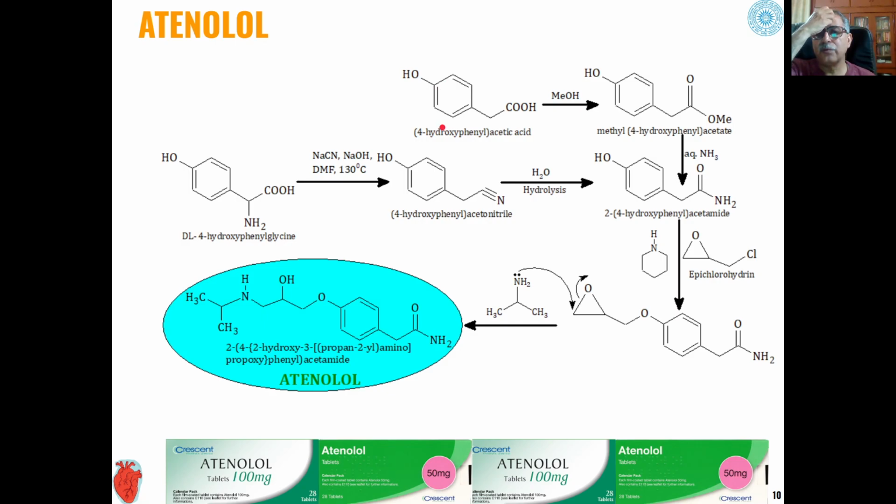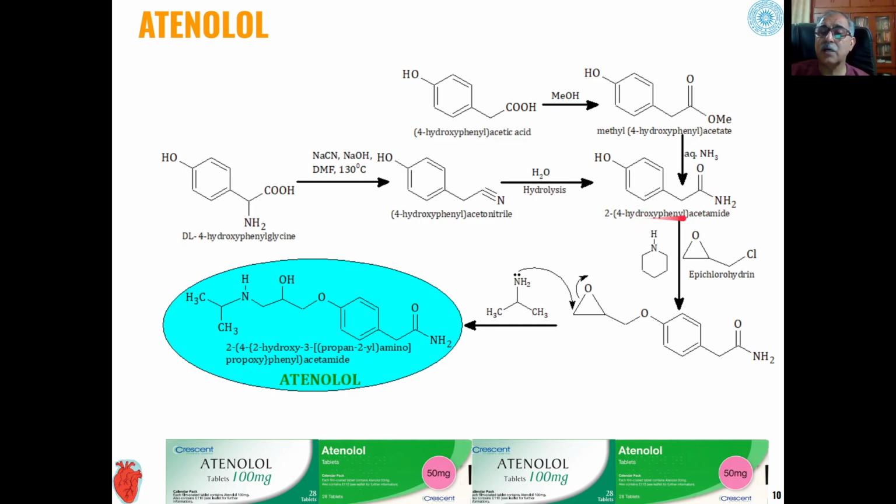When 4-hydroxyphenylacetic acid is reacted with methanol, we know alcohols react with carboxylic acid to give us the corresponding esters. So methyl ester of this acetic acid derivative is formed. Then this ester is converted into amide when this is reacted with aqueous ammonia. This methoxy group will be replaced by amino group.